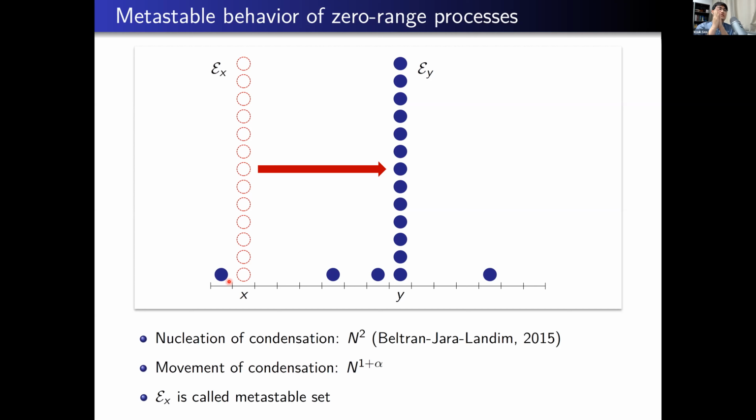Once you reach this locally stable set, you will stay there for a long time, but in the end, you leave to another locally stable set, and then you will do the same thing forever. And for this region, we call E_x a metastable set or metastable valley.